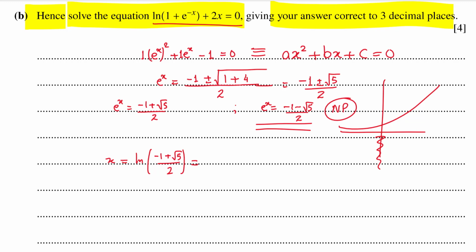So now we will get ln of minus 1 plus root 5 over 2 from the calculator. This ln value is minus 0.4812. So till 3 decimal places it is 0.418, and that's the solution of this equation.